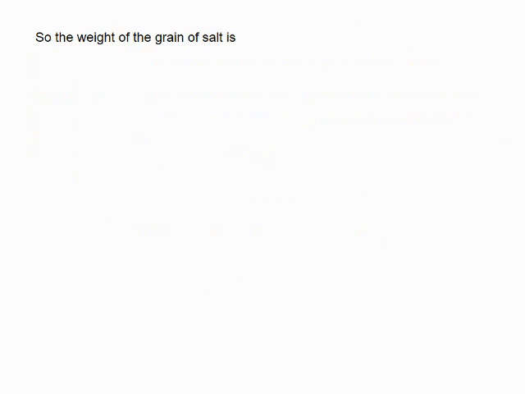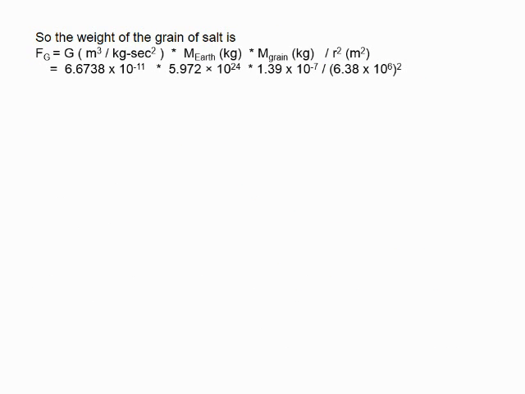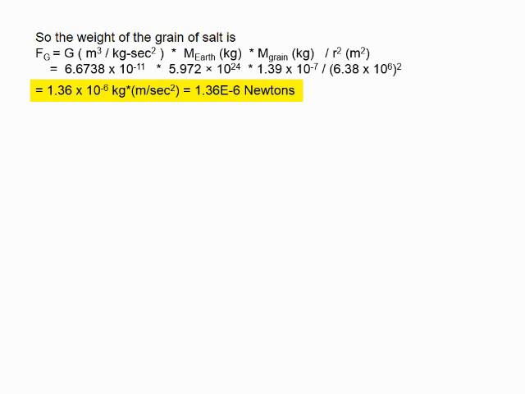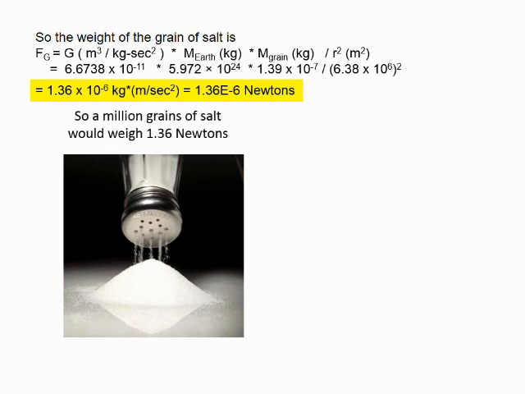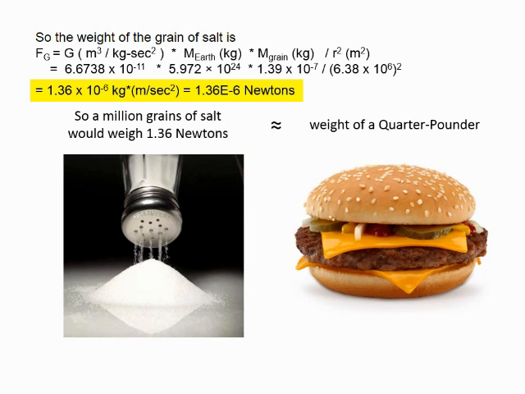So the weight of the grain of salt is calculated as big G times the mass of the Earth times the mass of the grain of salt divided by their distance squared, which works out to be 1.36 times 10 to the minus 6 kilograms meters per second squared, which is 1.36 times 10 to the minus 6 newtons. So a million grains of salt would weigh about 1.36 newtons, which is about the weight of a quarter pounder.